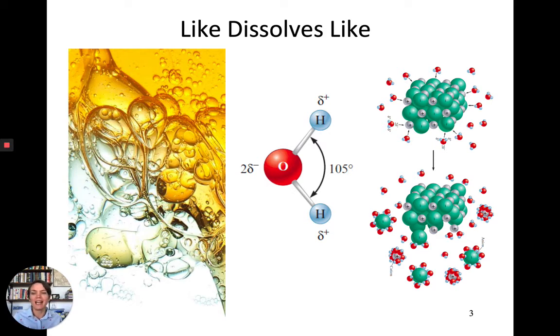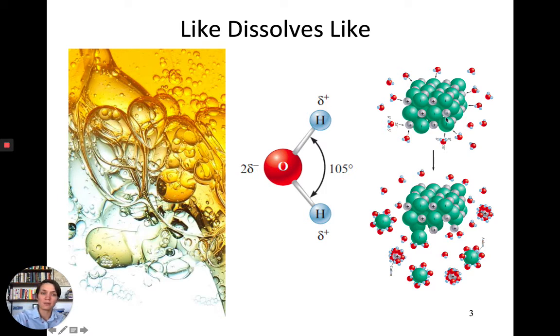It would not mix evenly, right? It's not going to dissolve. So it's not going to be forming this homogeneous solution, right? Instead, you're going to have this clear layer of your fats or your oil and your water. Why? Because oil is not polar, right?